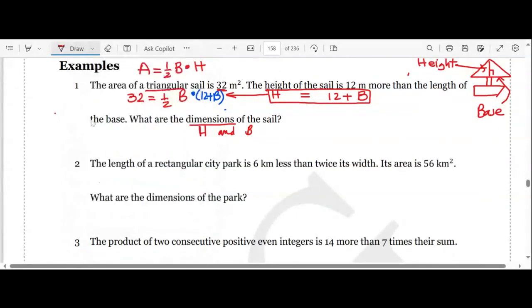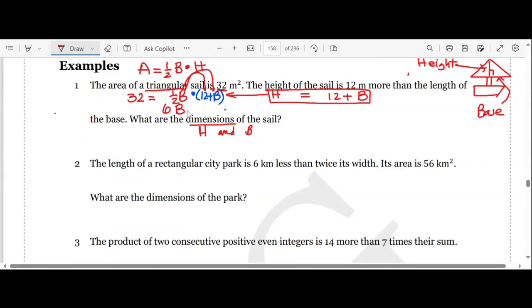Next step, I have to solve this, right? So you have to multiply the b how many times? 2 times. So half b times 12. How much is this? 6b.